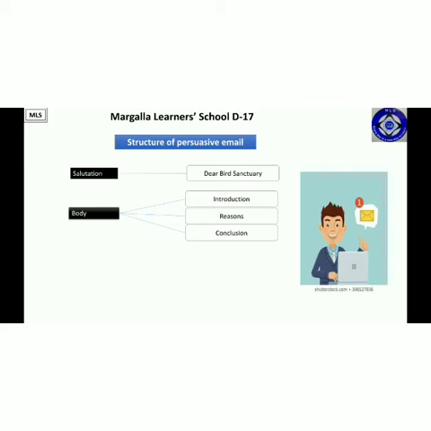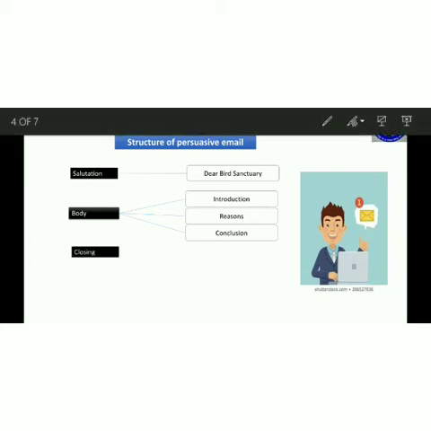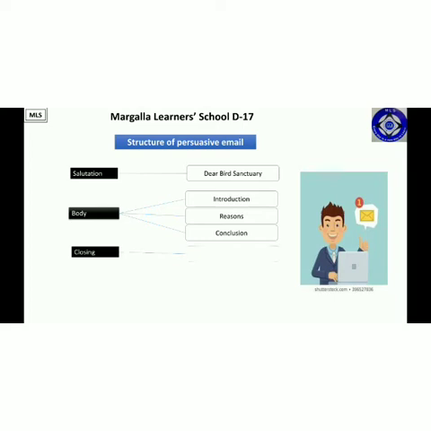So in its body, first of all, you introduce the topic, that is, what you want him to do. You would prove it with reasons, 3 reasons, 4 reasons, and then you would conclude it. After that you would give a closing, for example, best wishes. And lastly, you would sign your name as a signature. I hope that it is clear.